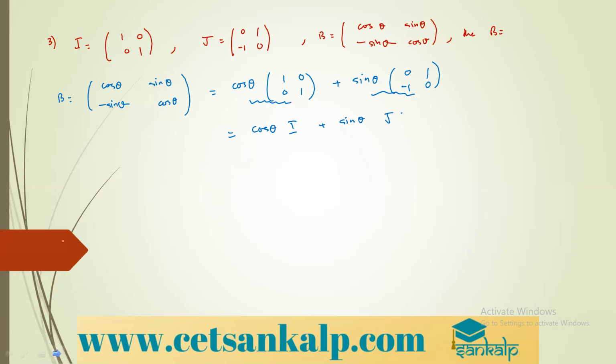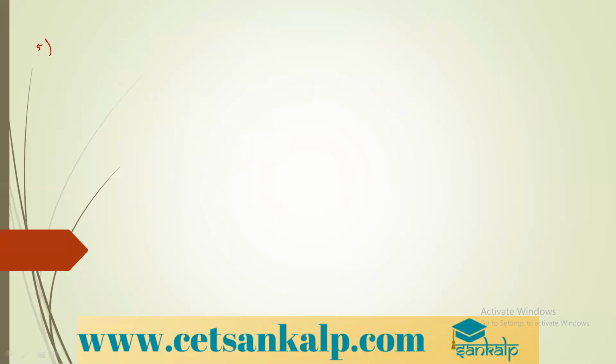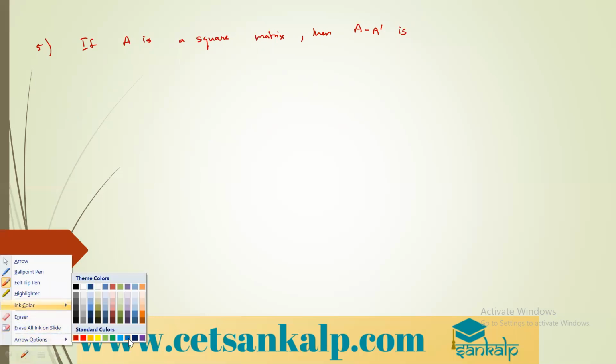Next, we will go to question number 5. If A is a square matrix, then A minus A dash is, whether it is a unit matrix, null matrix, or A itself, or skew symmetric matrix.